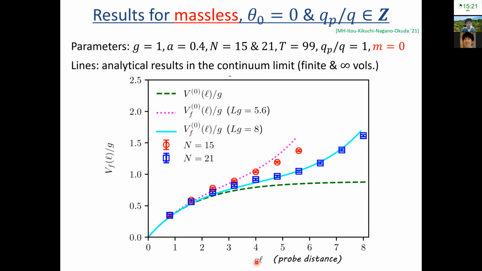In that case, we can take a much larger volume and we can have a physically clearer behavior, a clearer result. And we are also trying to search for a conjectured critical point at theta equals pi in the Schwinger model.